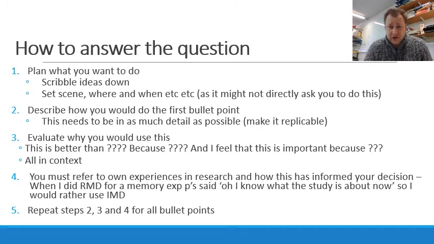I'm going to be honest with you guys, you can lie and make it up if you want, but you've got to say something real. So the example there is, when I did a repeated measures design for a memory experiment in the first year, one of my participants, I see the difference this time, I get it now, and you could then say, well, because of that I noticed order effects, so therefore I would rather use independent measures design.